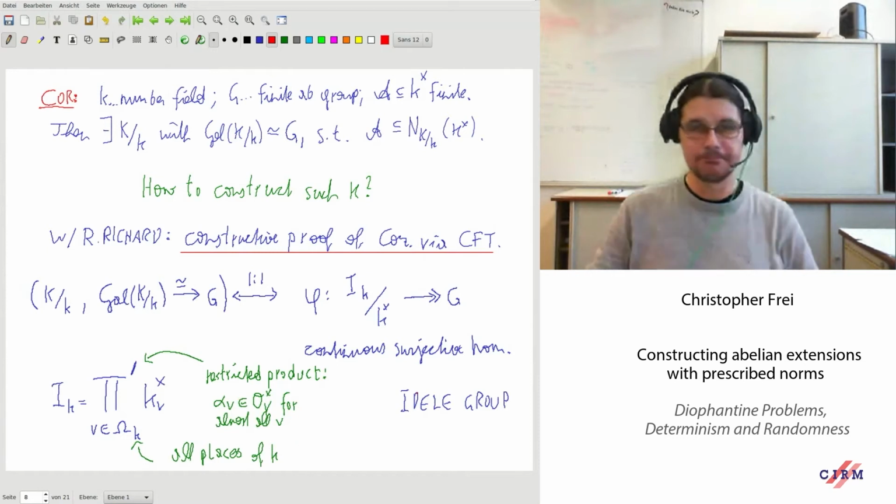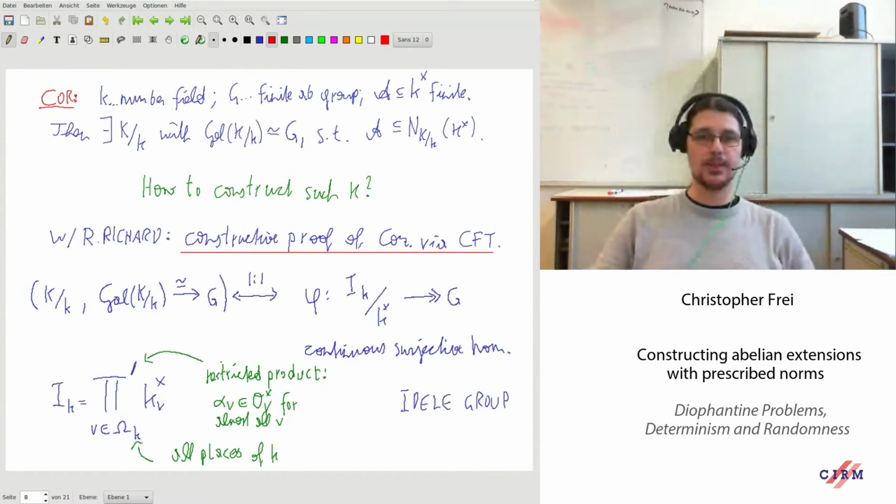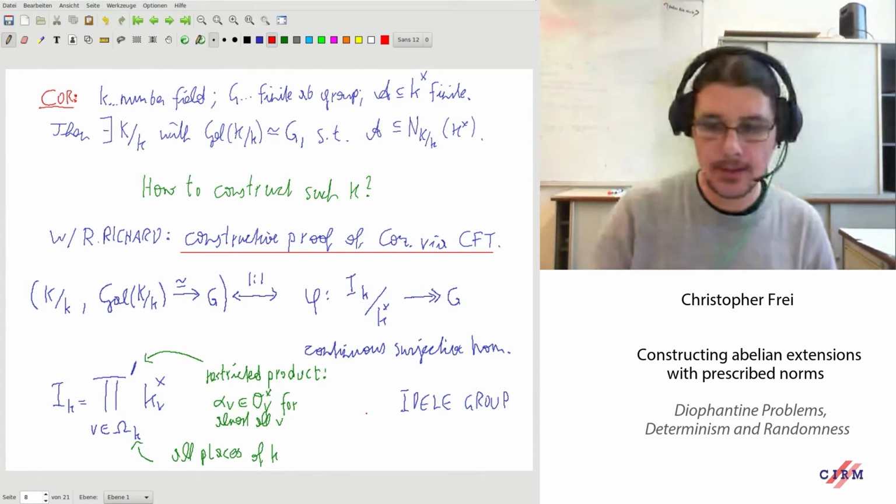So that's the idele group. And then k star, the unit group of k, embeds naturally in this just by mapping it to a copy of k star in each factor, and then you can mod it out. It's the idele class group. Okay.